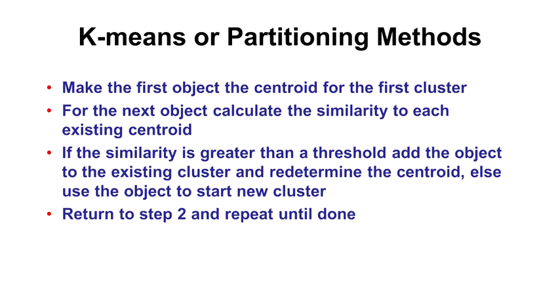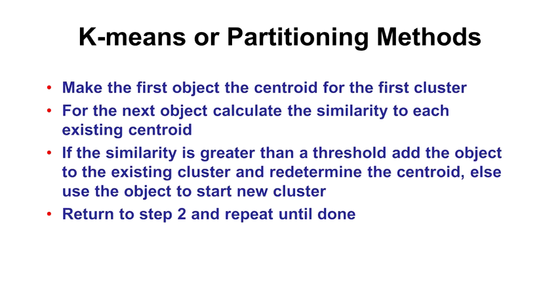So for K-means clustering, this is the algorithm. Typically the K-means algorithm still involves choosing a seed. In this case, take your first object. And then once you have identified that, you take the next object and calculate similarity to each existing center of the cluster.